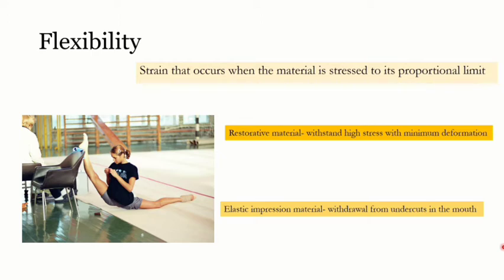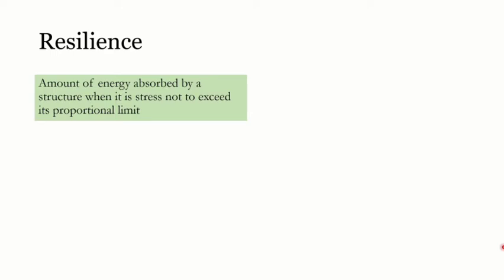Now, in the case of an impression material, especially the elastomeric impression material, when the impression is withdrawn from the undercuts of the mouth, it should not undergo any deformation. This can be calculated by the formula proportional limit divided by modulus of elasticity, or EM equals P by E.